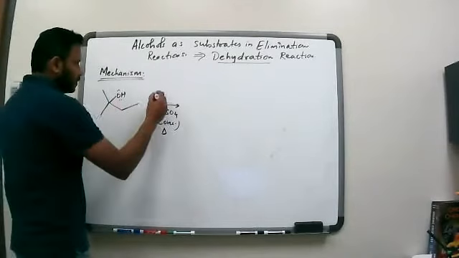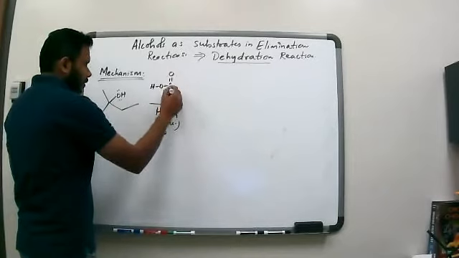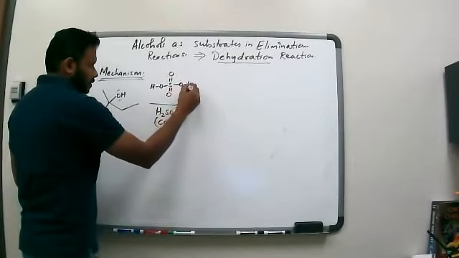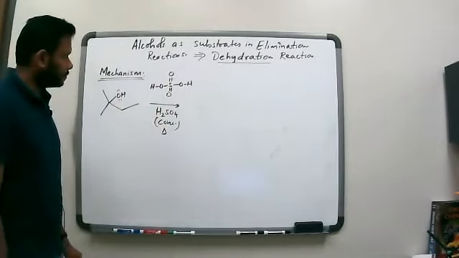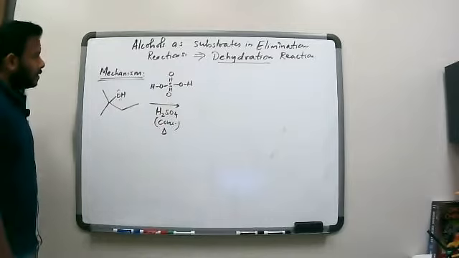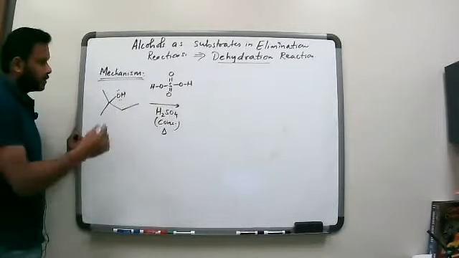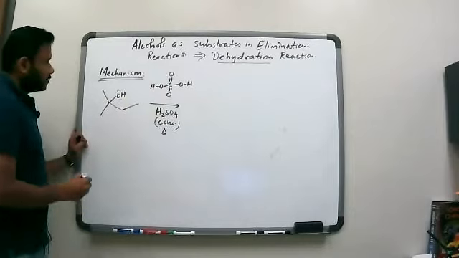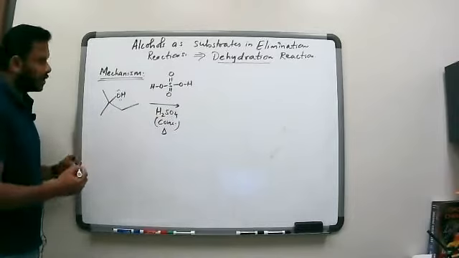So sulfuric acid, I'm going to write it out. This is the Lewis structure of sulfuric acid, and there are protons in sulfuric acid. It's a strong acid. So the first step is an acid-base reaction.